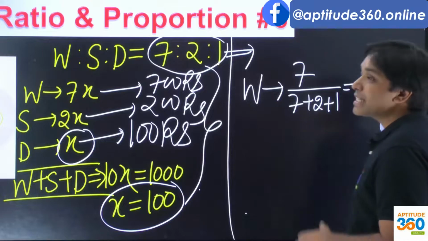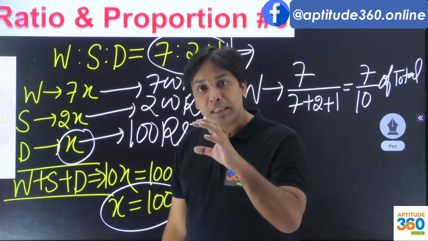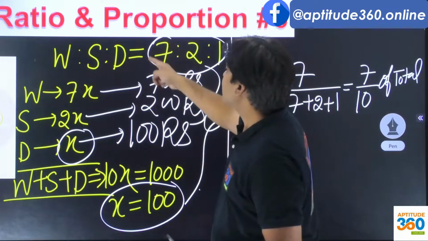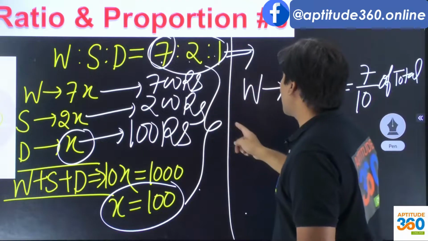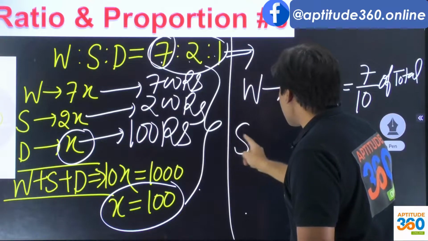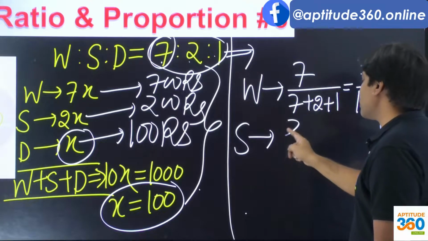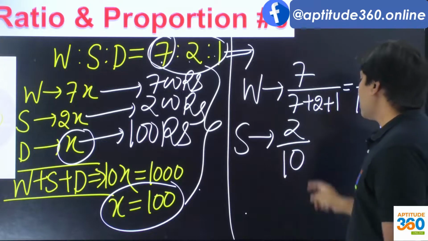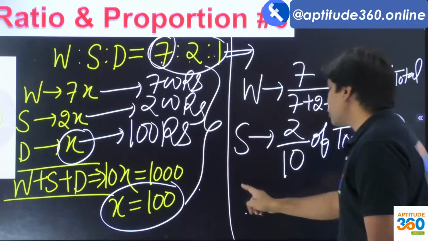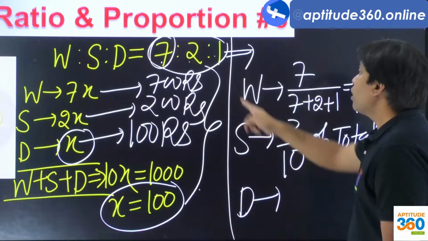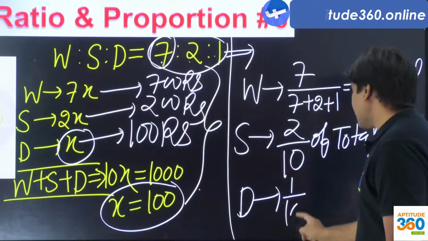So how are we getting 7/10? The number that wife is getting out of total is 7, divided by 7 plus 2 plus 1. Similarly, how much is son going to get? Son is going to get, now you understand, 2/10 of the total, and daughter would get 1/10th of the total.